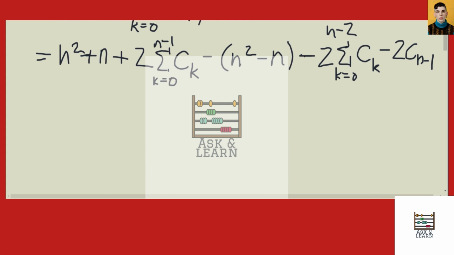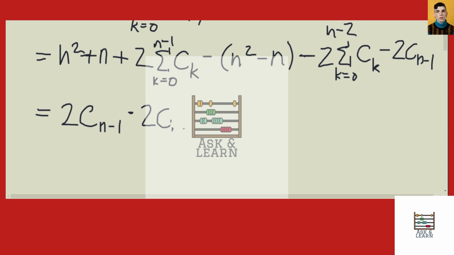And so we get n squared minus n squared is going to be 0, n minus n is 0, and then we get 2 times the sum from k equals 0 to n minus 1 of Ck minus 2 times the sum from k equals 0 to n minus 2 of Ck, which is going to give us 2 times Cn minus 1 minus 2 times Cn minus 1, which is simply 0.